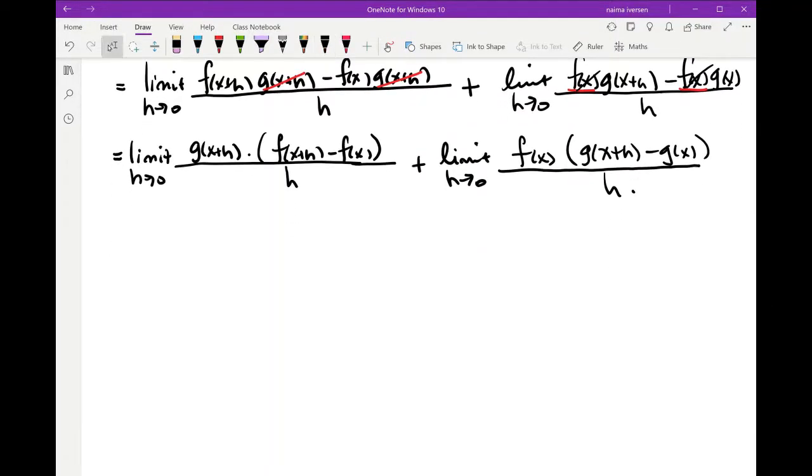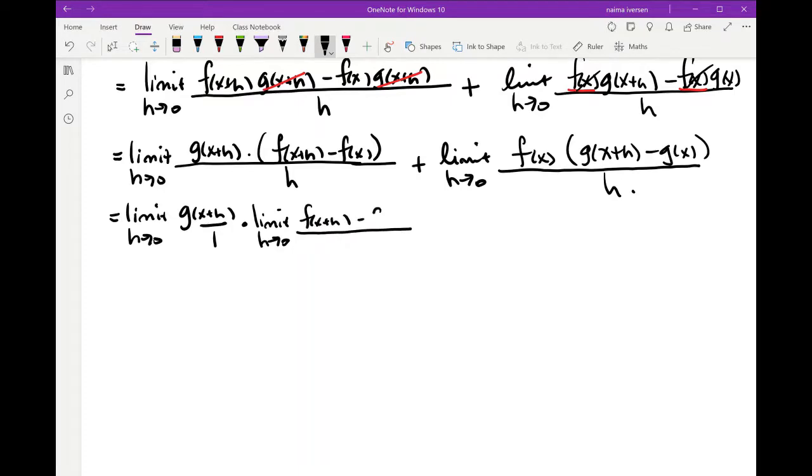Now, I'm going to split these up algebraically even more. So just again, like we did with our trig limits, I'm going to see what I'm going to get. So I'm going to split this up into g of x plus h over 1 times the limit as h goes to 0 of all the rest of it, which is f of x plus h, and then minus f of x over h. So that's what I've got for this first thing.